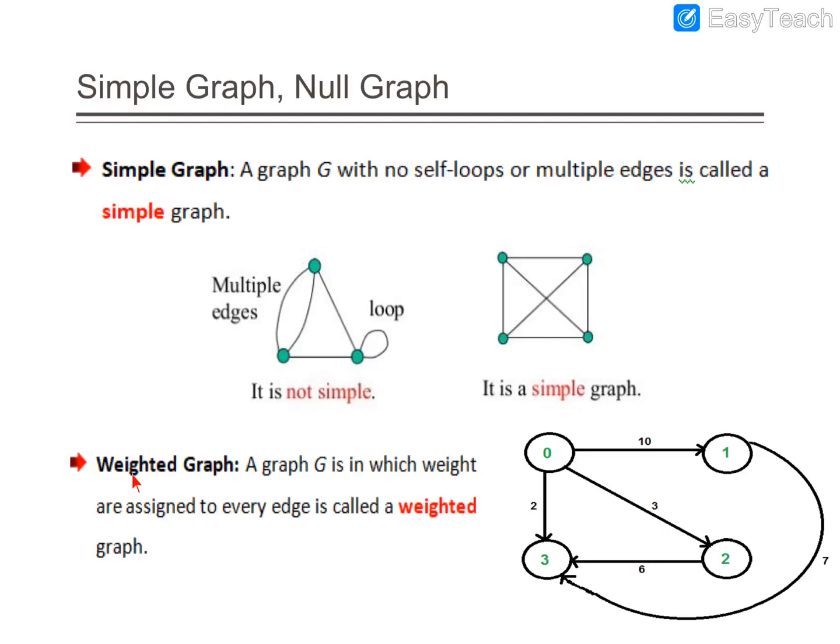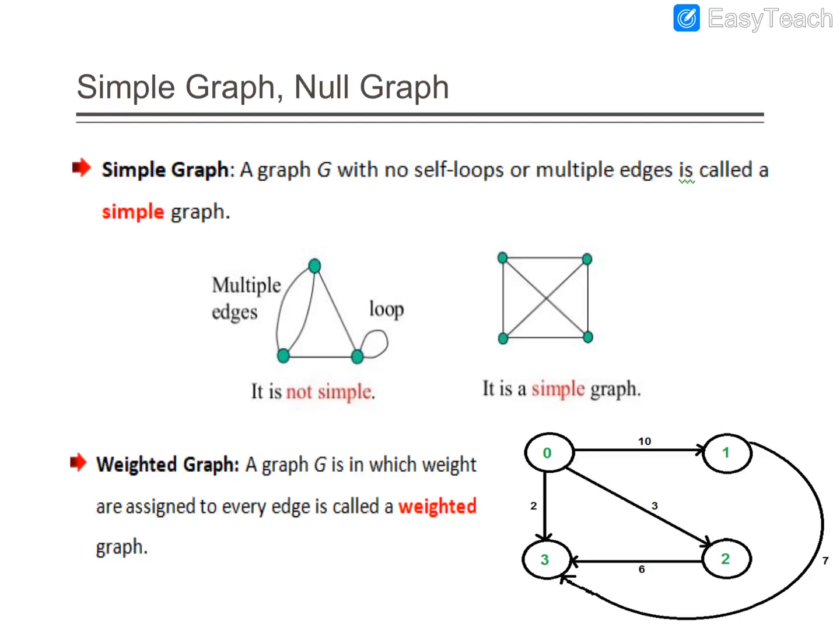Now, what is a weighted graph? A graph G in which weights are assigned to every edge is called a weighted graph. Here, in the given graph, weights are given to the edges between the vertices.